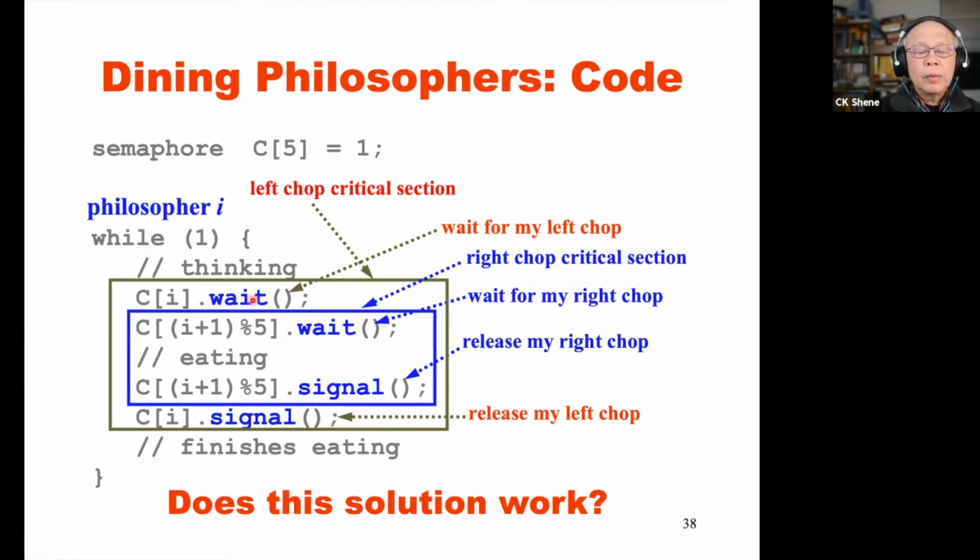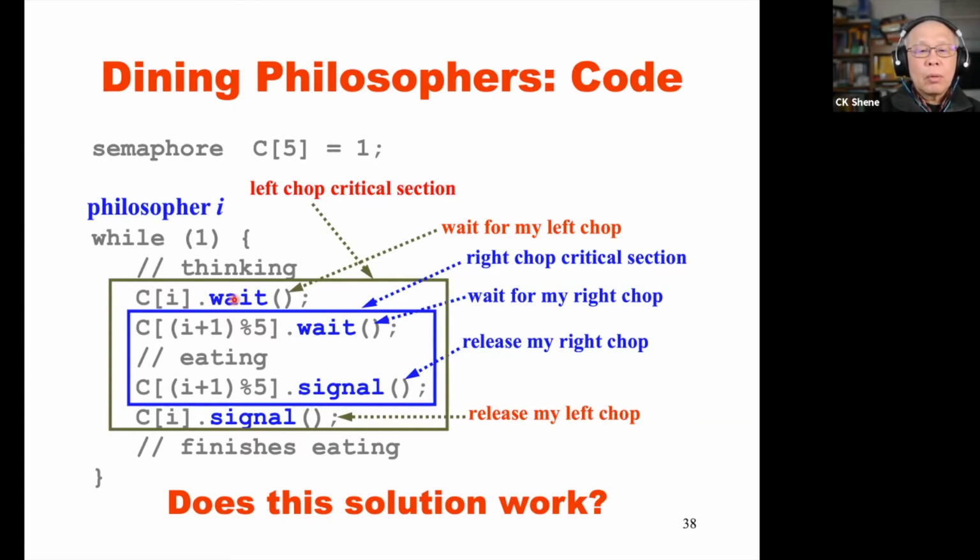And if his left chopstick is being used, by whom? By philosopher i's left neighbor as his right chopstick. Philosopher i will be blocked by this wait call. Philosopher i could continue only if his left neighbor finishes eating and signals the semaphore C[i].